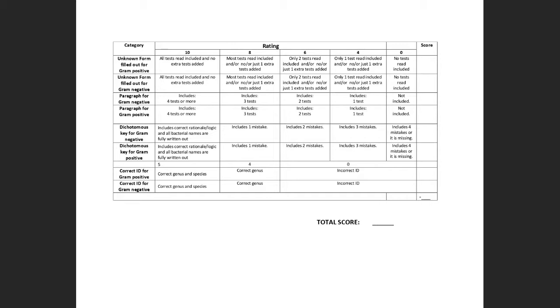For the unknown form portion, that's the gram-negative portion, you can get up to 10 points if you include all the tests that you read for your gram-negative with the observations and result interpretations and no added tests. Are there any questions about those 2 points?